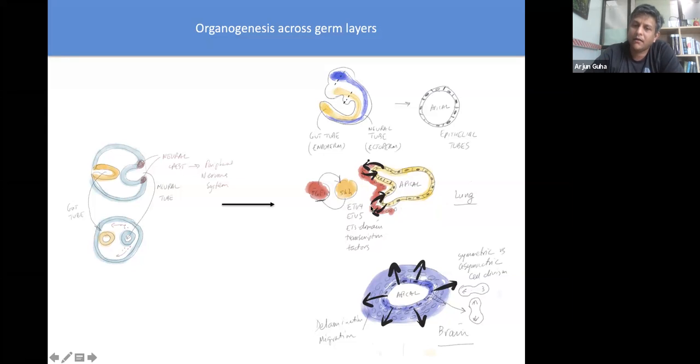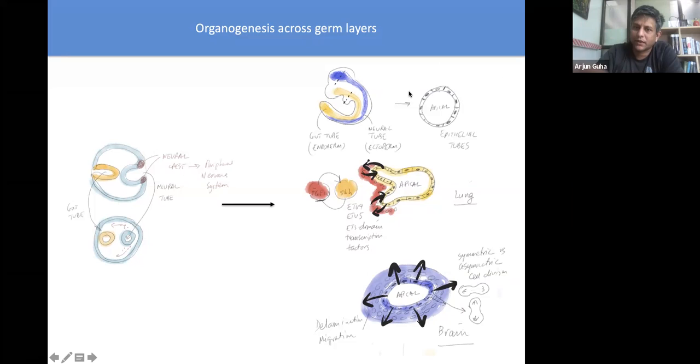And in the case of the lung, as we discussed, the mesenchymal cells produce FGF10, which then acts on the epithelial cells to induce directed growth, while simultaneously inducing sonic hedgehog via the ETV4, ETV5 transcription factors, and sonic, then released by the epithelium, represses FGF10. So you have a negative feedback loop which is established, and this negative feedback loop is used iteratively during development to create the entire branch structure.